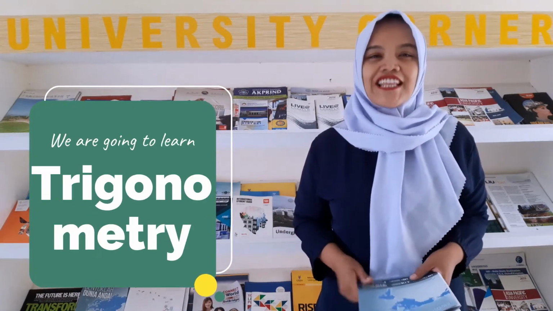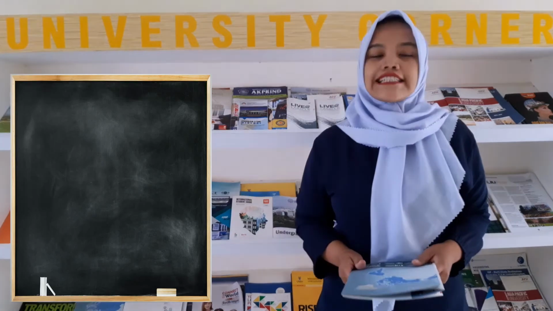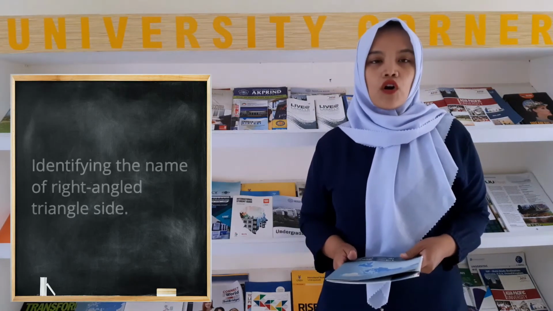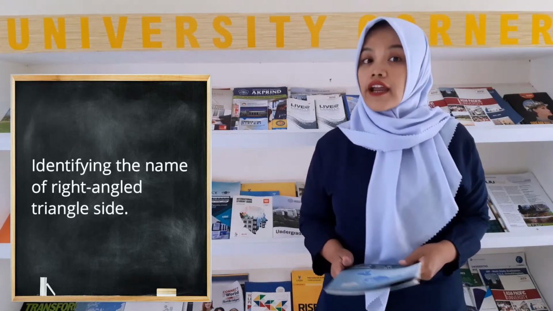One of the ways that geologists can use to measure the height of a volcano is by using the trigonometry concept. And for now, we are going to learn about trigonometry. In this video, we are going to focus on identifying the names of right angle triangle sides.